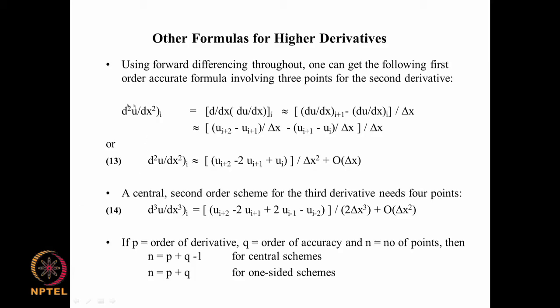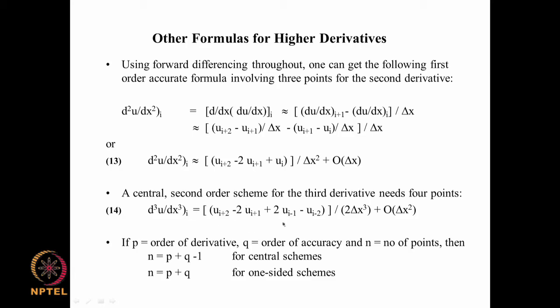So, what we have done here for the second derivative, we can also do for a third derivative, and one can derive it using similar kind of arguments. For example, writing d³u/dx³ at i as d/dx of d²u/dx² at i, and then substituting the formulas there.